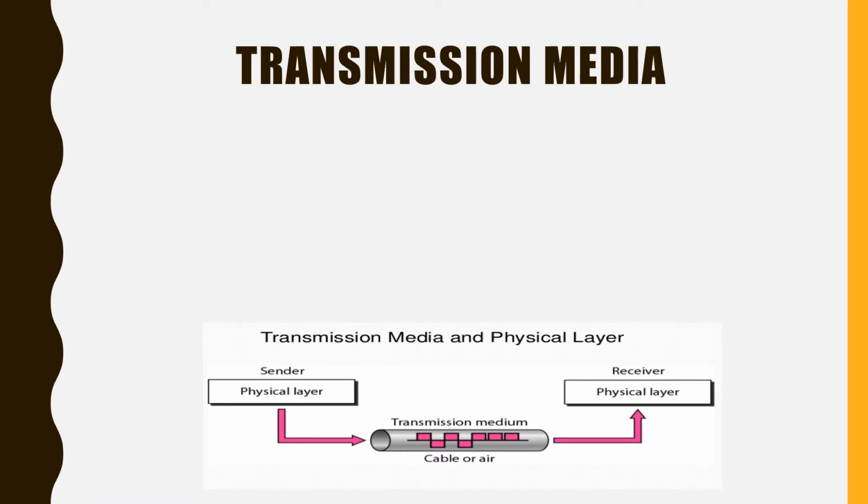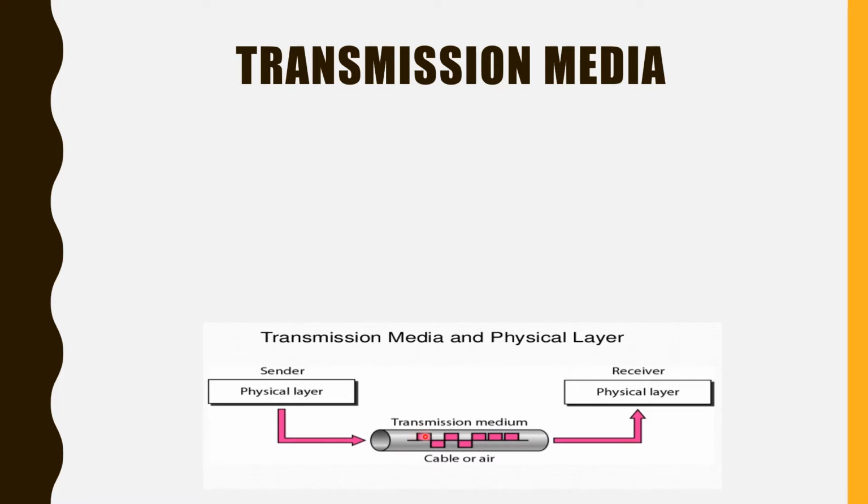Whenever a sender and receiver are connected in a network, the physical layer of the sender and the physical layer of the receiver are connected through the transmission media. This is the physical layer of the sender, this is the physical layer of the receiver, and here is the transmission media, which I have written as cable or air. It means the transmission media may be air or cable, wired or wireless.